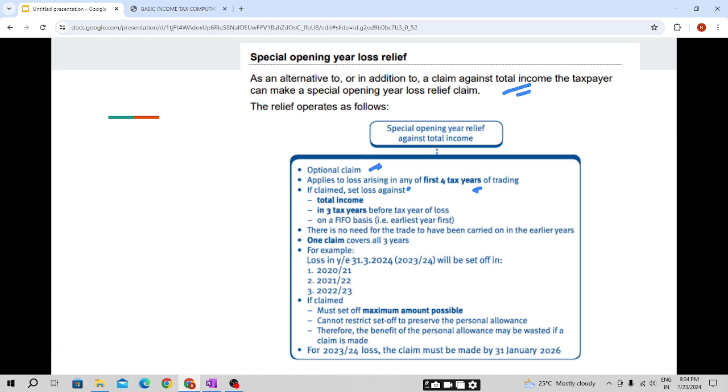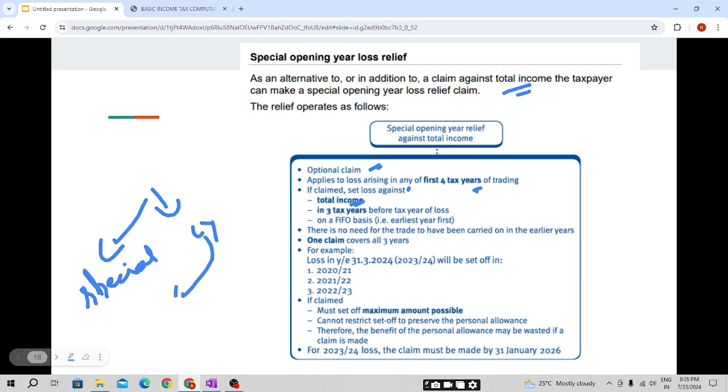If claimed, set off against the total income in the 3 years before the tax year of loss on a FIFO basis. So students, the loss we can either use the ongoing rule or the special rule. If we use the special rule, we can set off against the total income in the 3 years before the tax year of loss.